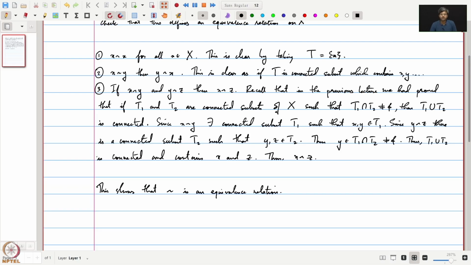Now every time we have an equivalence relation on a set X, we can decompose it into equivalence classes. So this equivalence relation breaks X into a disjoint union of equivalence classes.